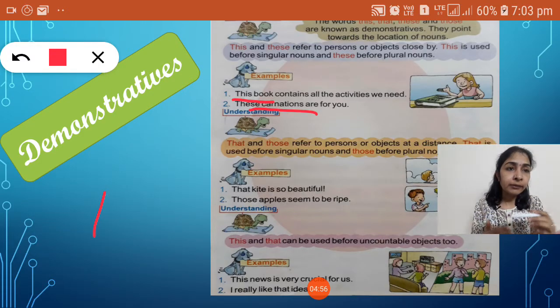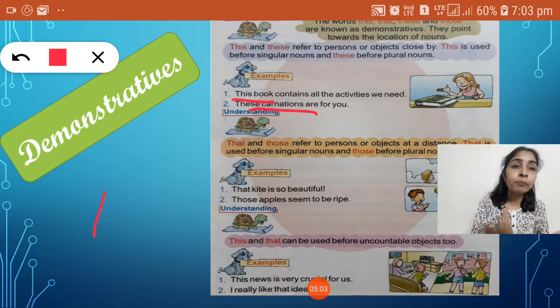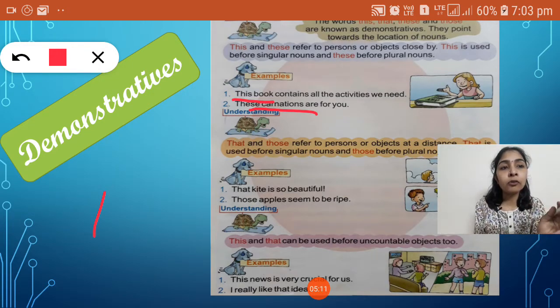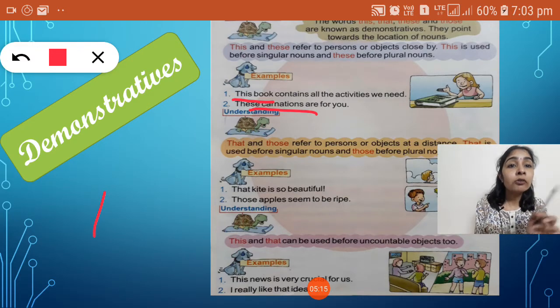"That" is used for a singular noun, and "those" is used for a plural noun. Now let us see the examples. "That kite is so beautiful." Again we see that "that" is followed by a noun. "Those apples seem to be ripe." So "those" is followed by "apples".